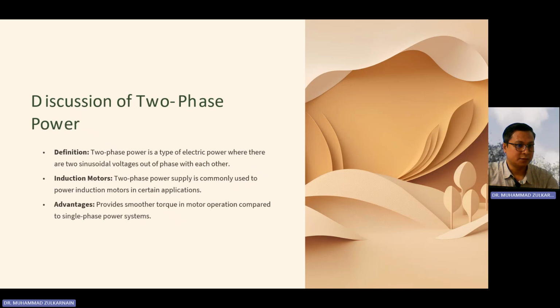Okay, about the two-phase, the first definition: two-phase power is a type of electrical power where there are two sinusoidal voltages out of phase with each other.